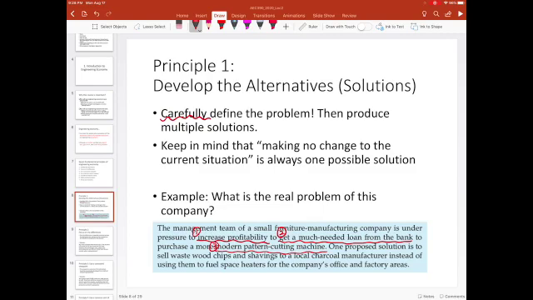The second solution might be you can cut your cost with a new machine or with more efficient work, and then with the same revenue your cost is less, so your profit is higher, right? So these are the solutions, but it has to be based on the right problem first.